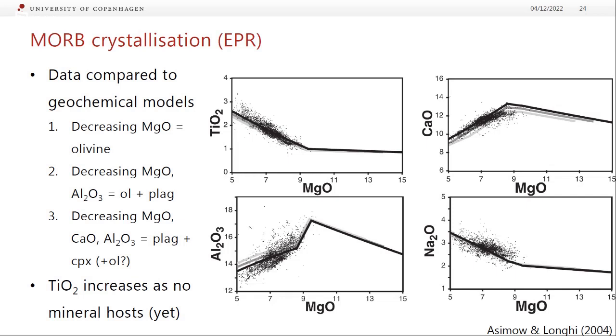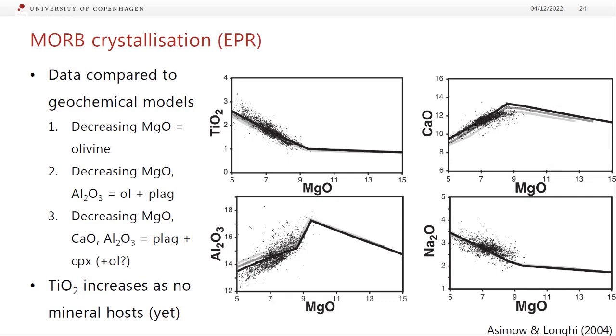It sort of steepens them a bit because we are removing plagioclase, which has less sodium than the melt, and it's got no titanium in it. So we've got some combination between olivine and plagioclase, and it's pushing these other elements up in the melt, but we're now dropping aluminium.